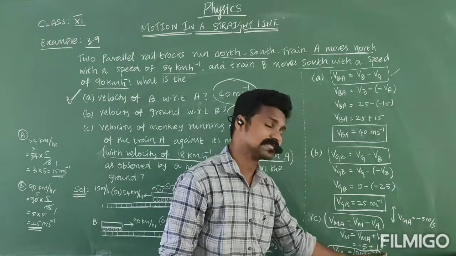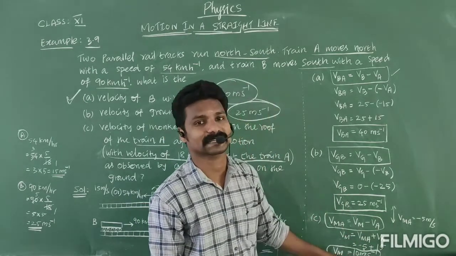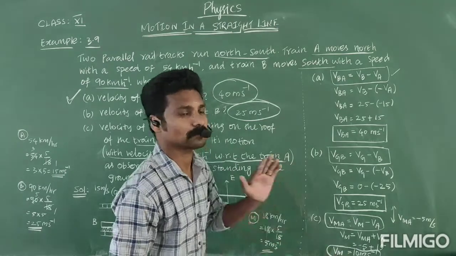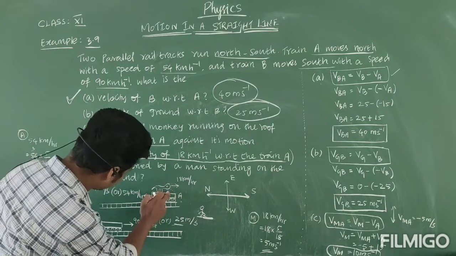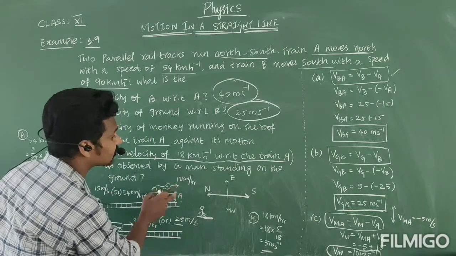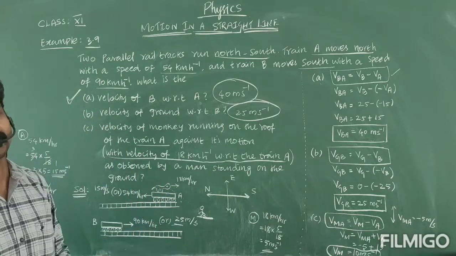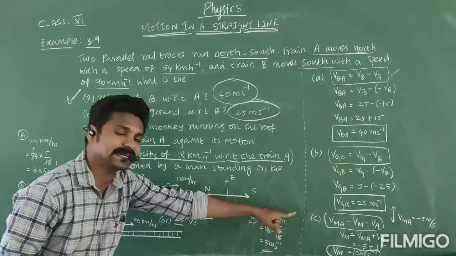So minus 5 plus 15. Minus 5 plus 15, how much? That is 10 meter per second. So one person observing from the ground observes the velocity of the monkey not as 5 meter per second, that is 10 meter per second. Okay, should be careful in this idea.